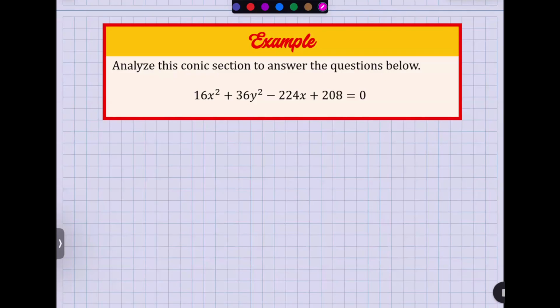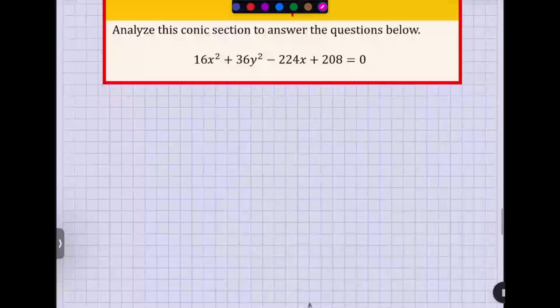If it's addition, ellipse. Subtraction, hyperbola. So I know it's an ellipse. However, if I had to answer those questions of where's the center and so on, I'm going to have to involve completing the squares, right?